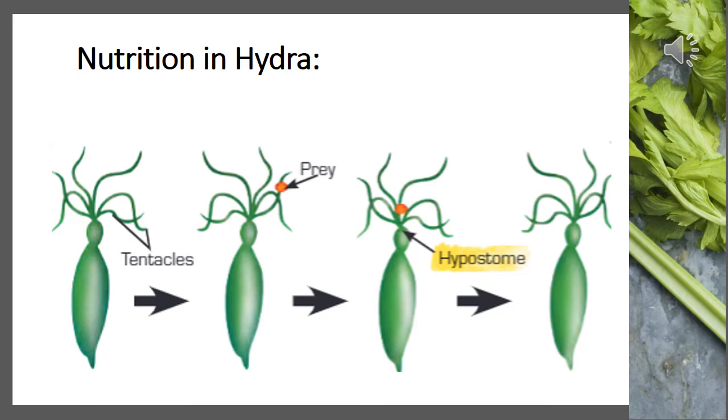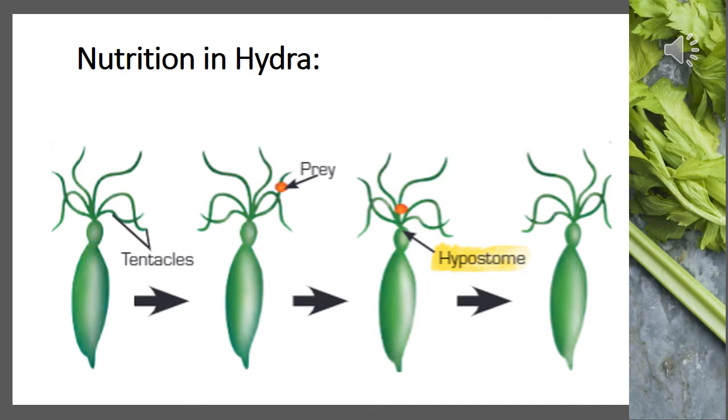Further, during feeding, Hydra extends its body and tentacles to maximum length and catches the prey. Once it catches the prey, it kills it with its stinging cells. That is, the small insects get paralyzed by neurotoxins which are released by the stinging cells.